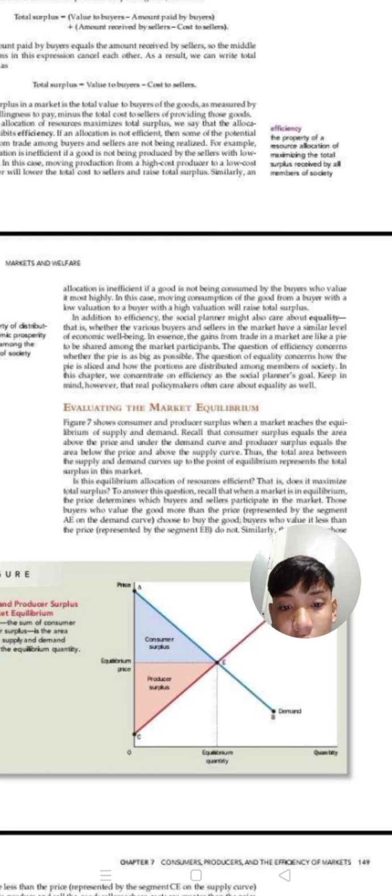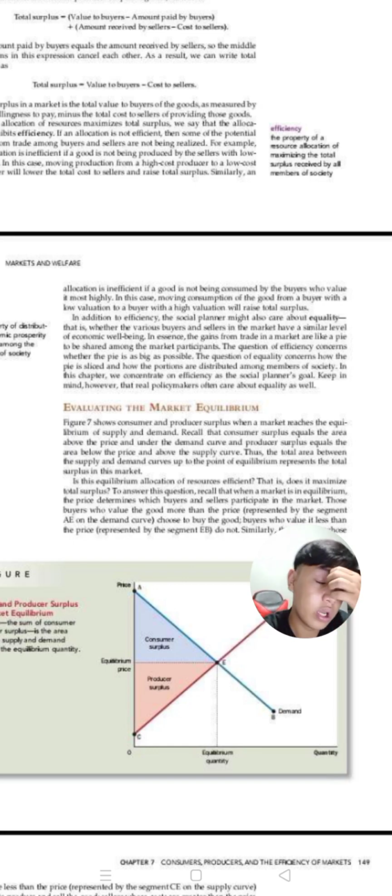Recall that consumer surplus equals the area above the price and under the demand curve, and producer surplus equals the area below the price and above the supply curve.